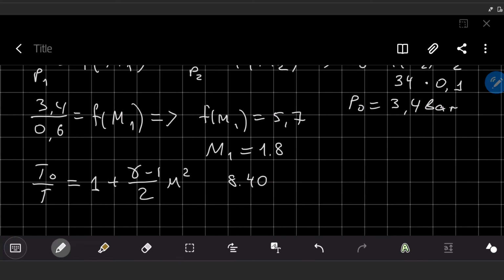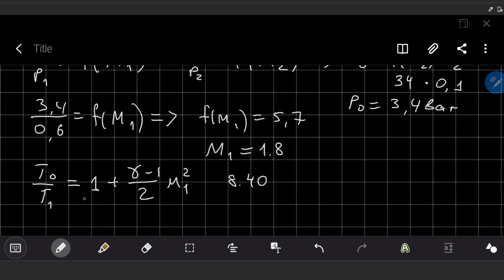So for my case 1, I will use just subscript 1, temperature 1 and Mach number 1. And I will be capable to calculate because my Mach 1 is known. We already calculated before. And temperature 0 is given, so the only unknown here is temperature 1.